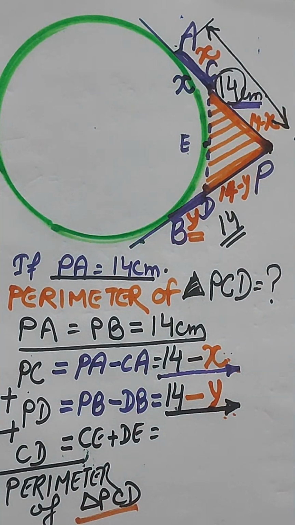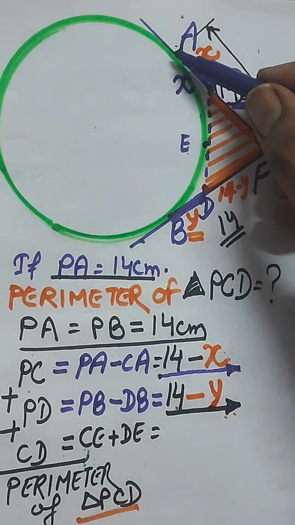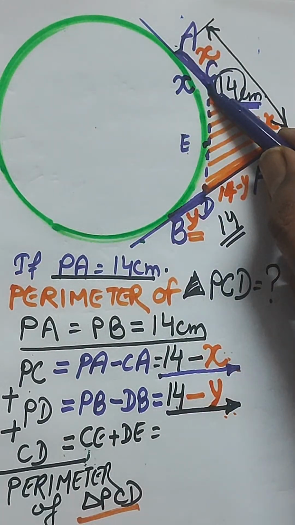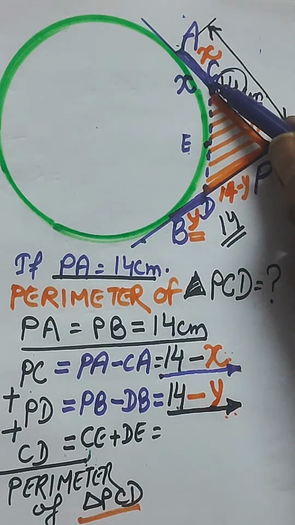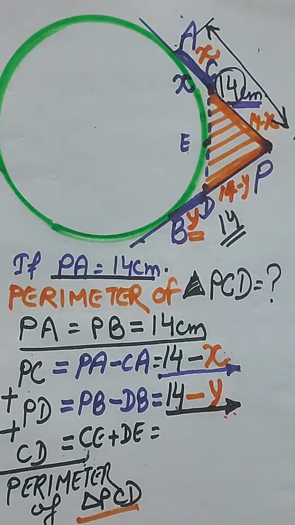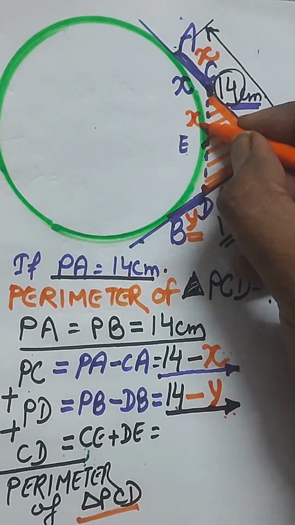Using the same property, tangents drawn from an external point to a single circle are always equal in length. So if the tangents are drawn from C to A and C to E, and if CA is x, then what is the length of CE? It's also equal to x.